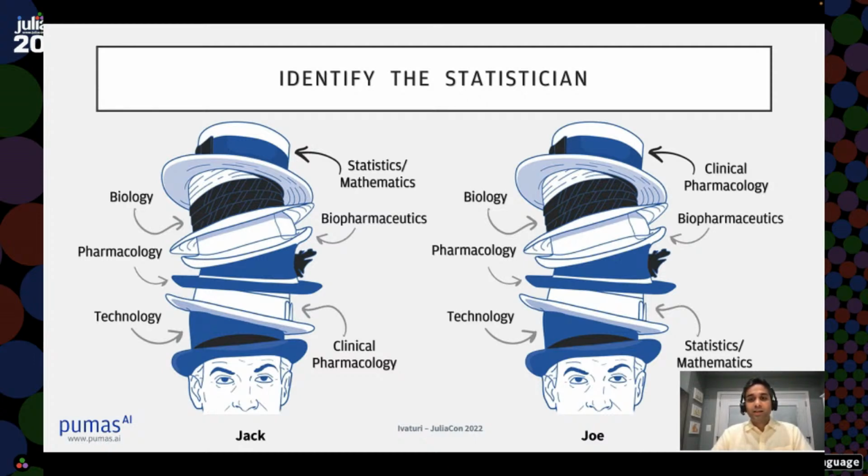Joe, on the other hand, has a strong technology background and was trained in professional statistics and applied mathematics. And for Joe to make a career, he has to work with other fields, people like me, so that the science is applied and the solutions are provided using statistics.